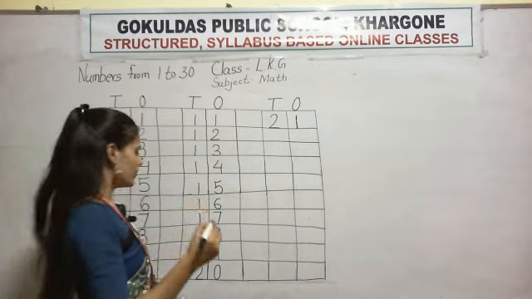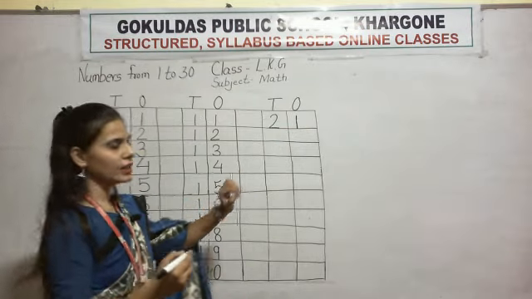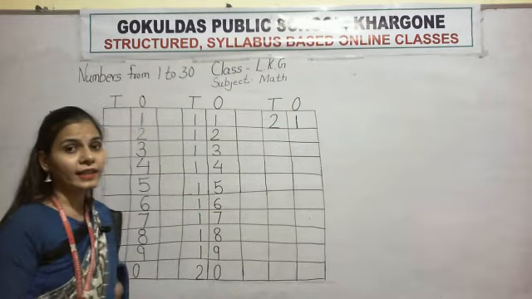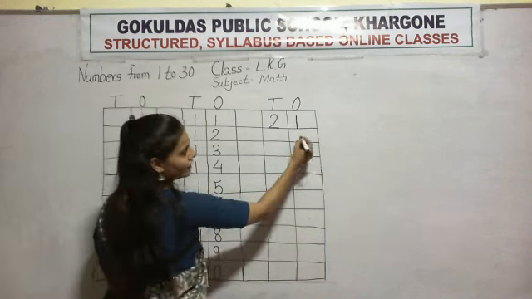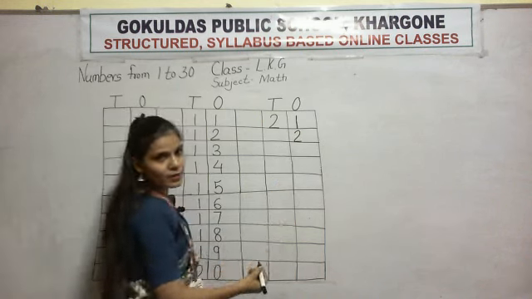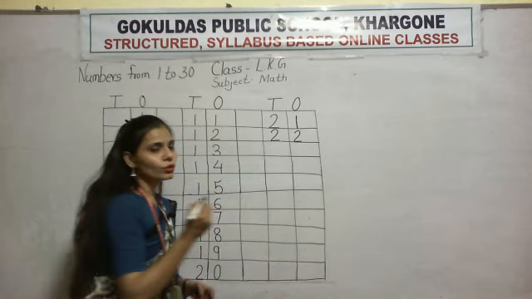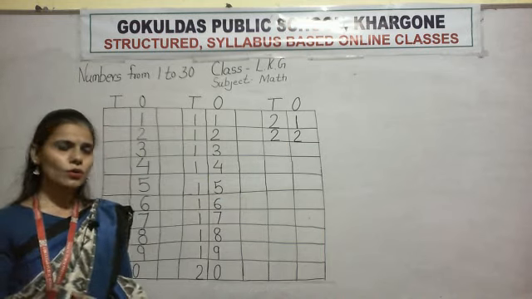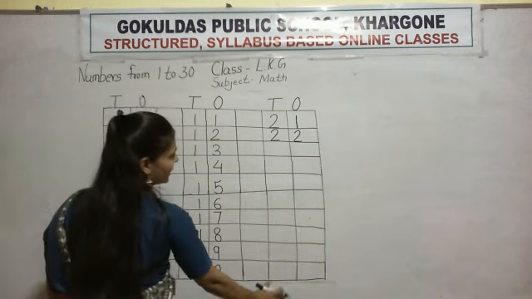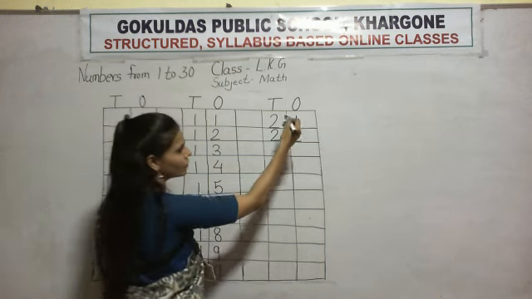Now, after 1, number 2 will come, and this is a series of 2. So, here we write 2, 2, 22.